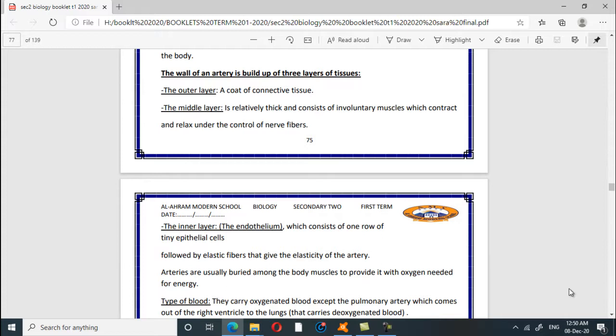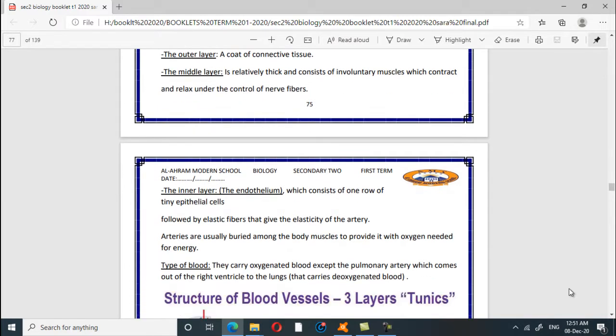So the arteries pulsate and are elastic due to the presence of the middle layer and the inner layer. The arteries are also buried between muscles. Why? To provide them with oxygen, because the arteries carry blood full of oxygen, or oxygenated blood. So the arteries are found deep between the muscles.